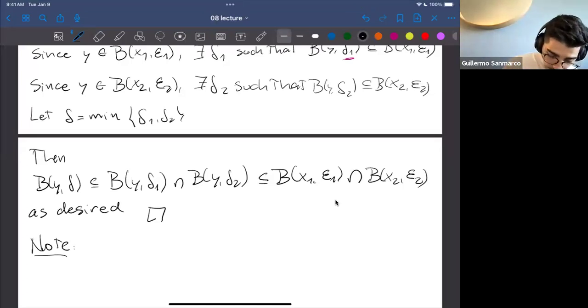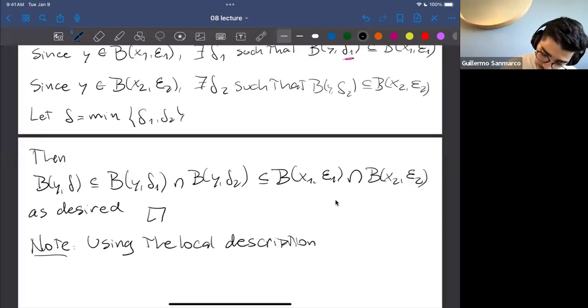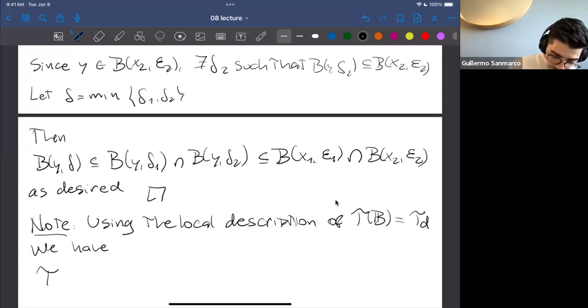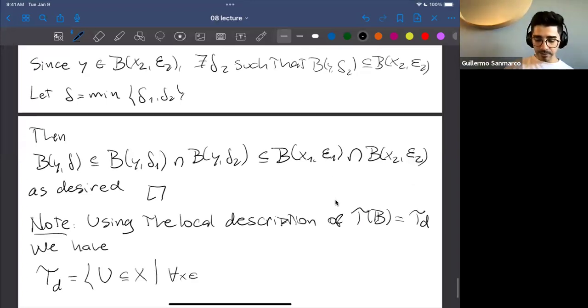If we use the local description of our topology generated by a basis, which is what we called T of B, and we're now denoting by T sub d because it comes from the metric d, we have a local description for T_d. So T_d is going to be all subsets U of X such that whenever you have a point x in that subset, you can always include an entire ball.